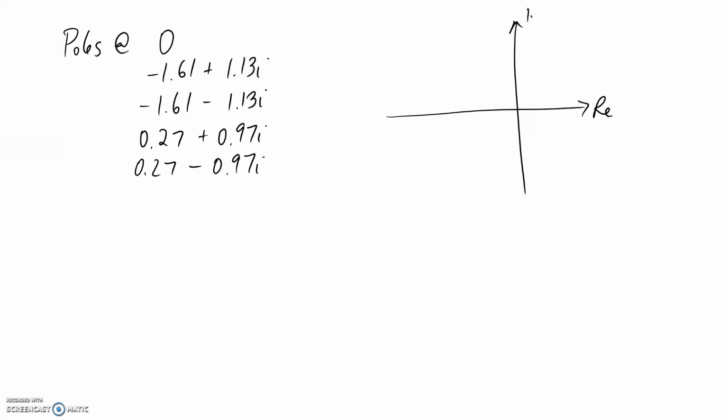This is the real, this is the imaginary. So if we quickly mark these in, we have a pole at 0, so that's here. We have 2 conjugates here and here of negative 1.61, this is 1.13 and negative 1.13. And then we have 2 others which are sitting at 0.27 and 0.97, something like this.